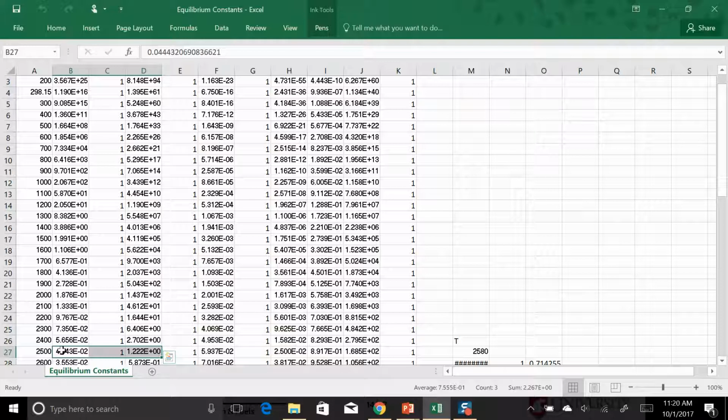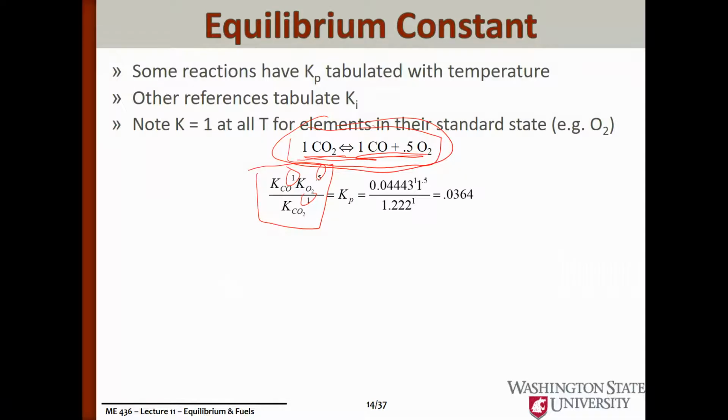So we have 0.044 and then we have 1.22, and that's what we put into this balanced reaction here. So we had 0.0444 for the carbon monoxide, and 1.2 for the carbon dioxide, and 1 for the oxygen. And then it's just a matter of solving it with the exponents. And for this reaction at 2500 degrees, we get an equilibrium constant of 0.0364.